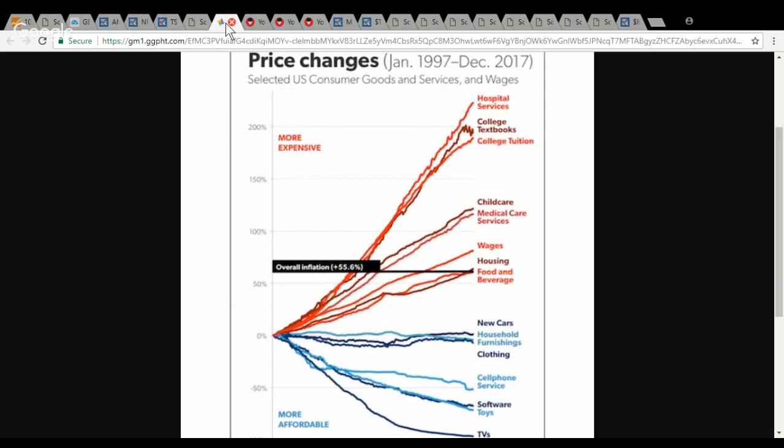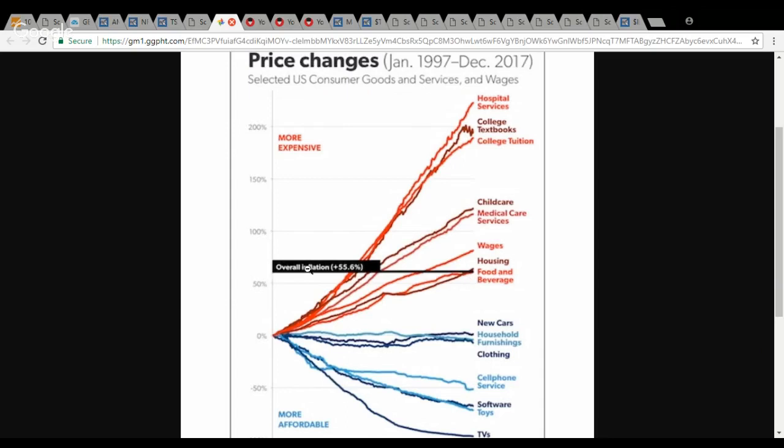So it runs for 20 years. And this is the consumer price index, basically broken down into various components. This midline here is the average increase in inflation over this 20-year period. It comes out to be 55.6% total. So that's what gets us down to the 2% kind of number that people talk about in inflation.